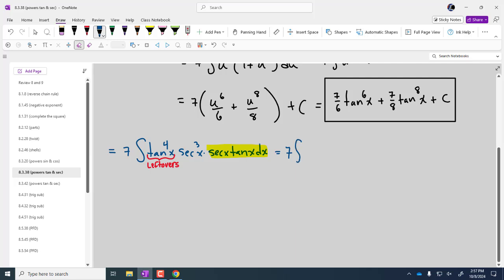Tangent squared is secant squared minus 1. So we're going to have secant squared minus 1 quantity squared times secant cubed times secant tangent. So we've got that.